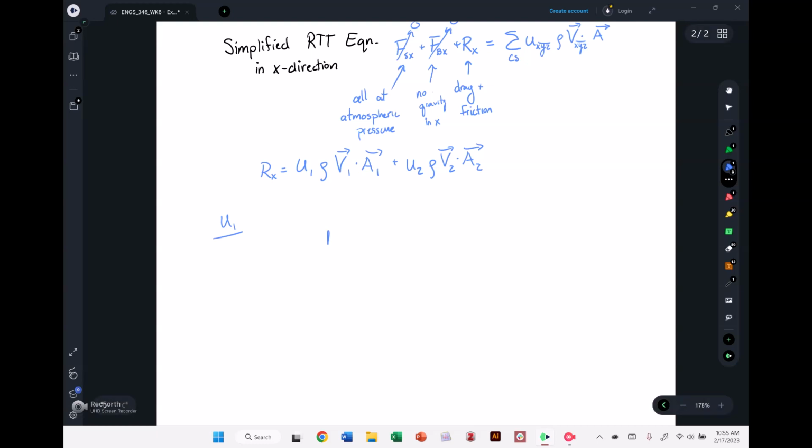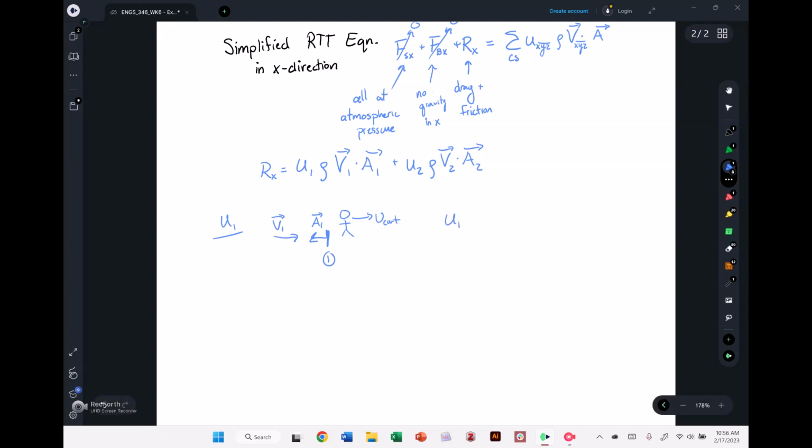So here at surface 1, this is the A1 vector. V1 is coming in that way. And our whole cart, if we picture ourselves there, we are moving away from the jet at the speed u cart.